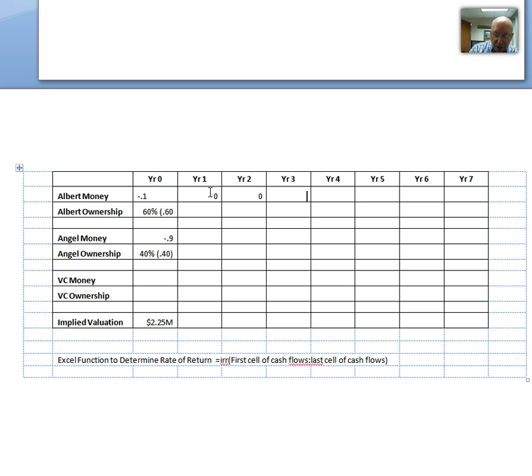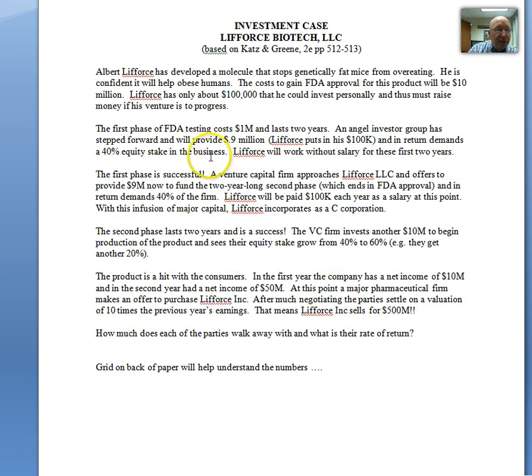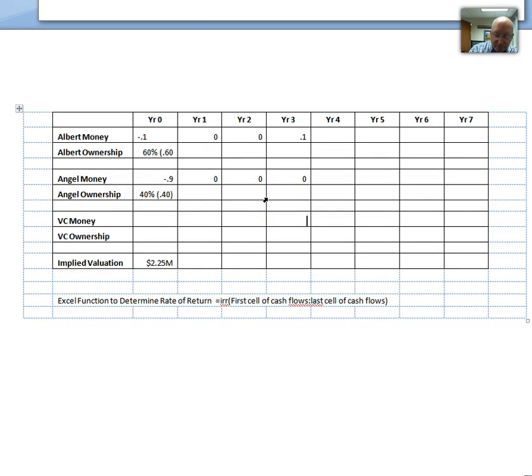In year 3, Albert begins to draw a $100,000 a year salary. From the angel perspective, they don't put any money in or take any money out. And here, the venture capitalists invest $9 million. So this is a -9 because, again, it's money invested.